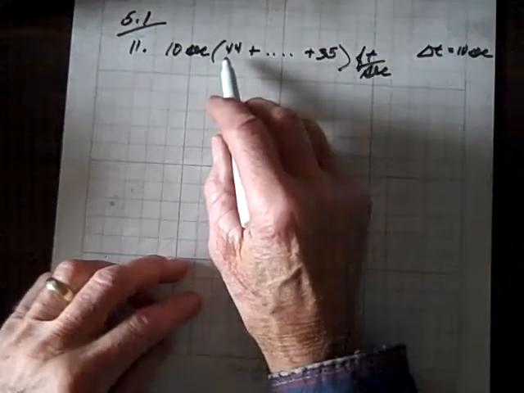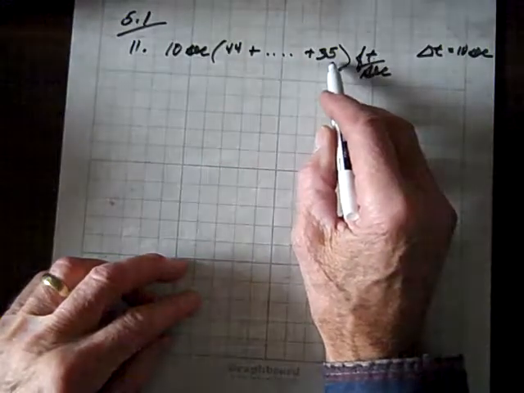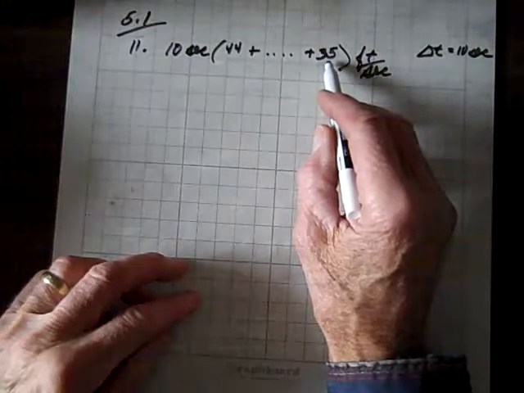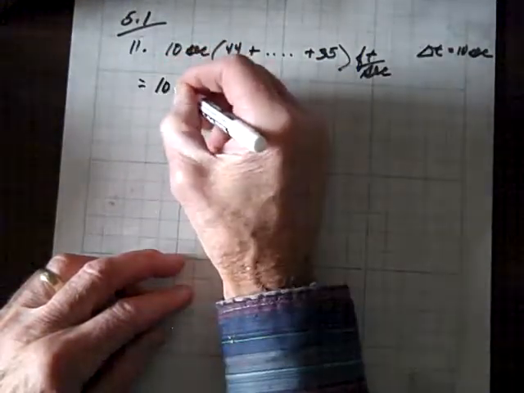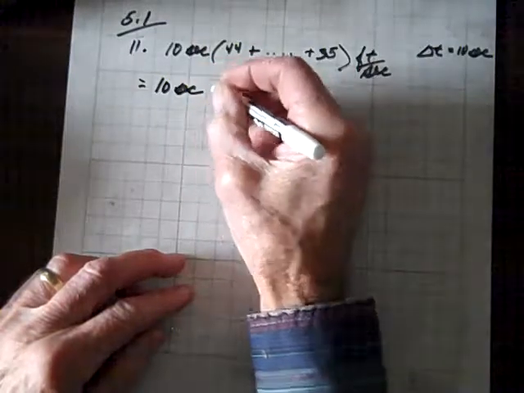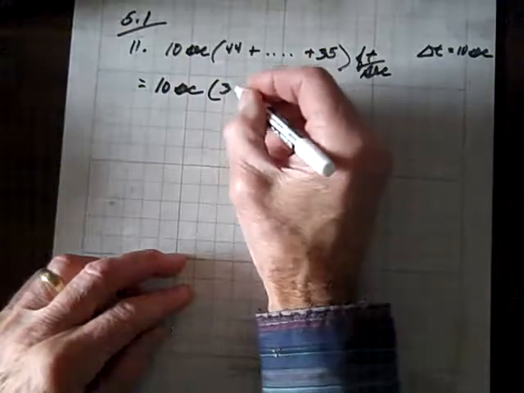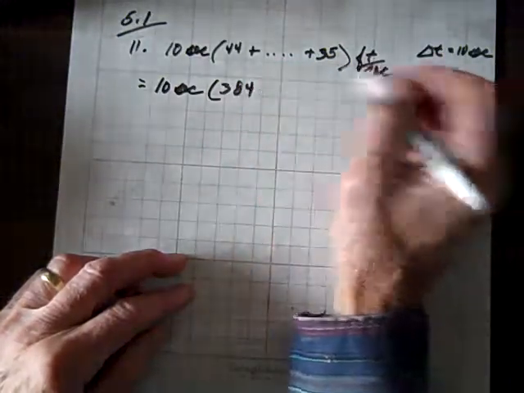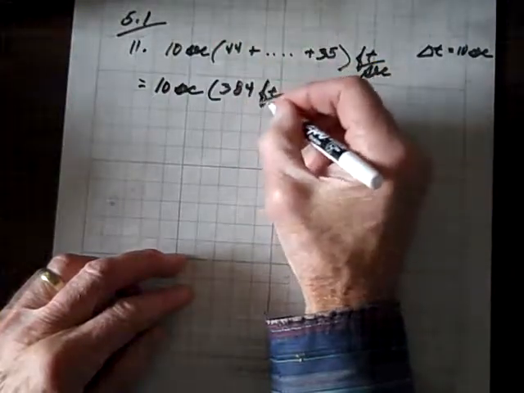Now, the next thing we're going to do, so this is our delta t, we're just going to add all those speeds up. And so we'll have 10 seconds times, and when you add those up, you get 384, and that's going to be feet per second.